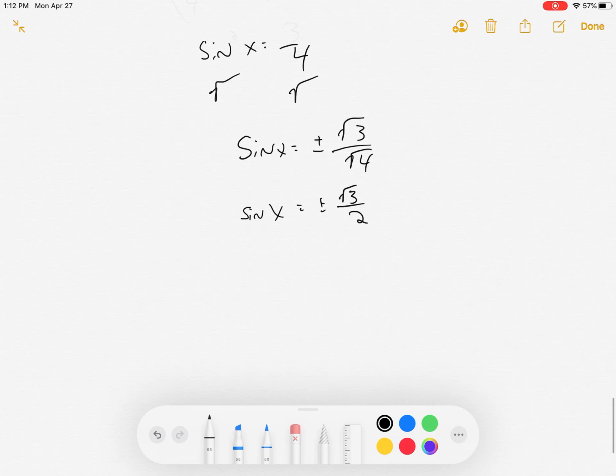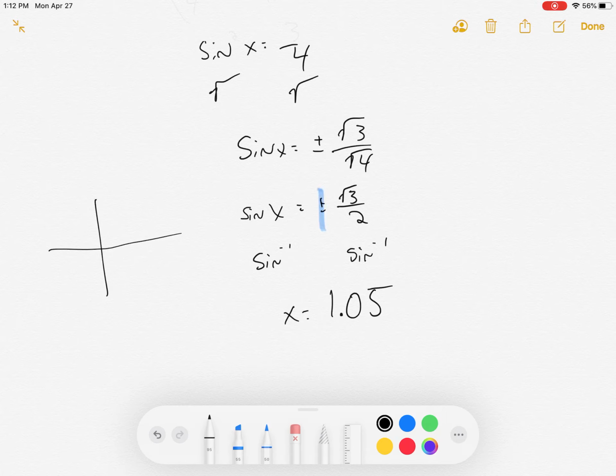Now again, we're in radian mode, so you have to take the inverse sine of both sides. You get x equals, on your calculator in radian mode, you should get 1.05.